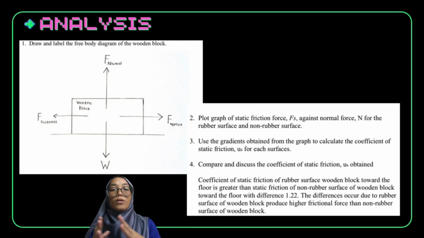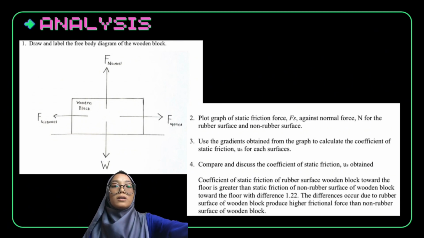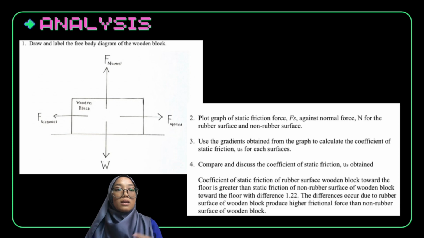For the fourth one, the answer is the coefficient of static friction of the rubber surface of the wooden block toward the floor is greater than the static friction of the non-rubber surface of the wooden block toward the floor, with a difference of 1.22.